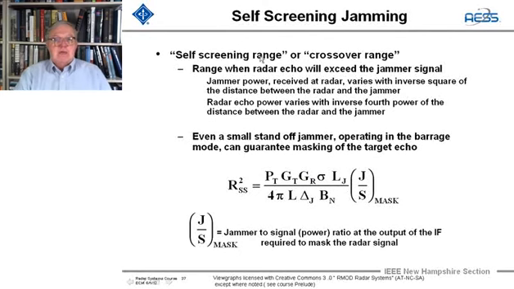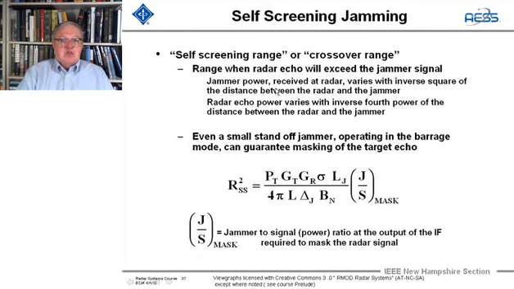Now here's the self-screening range or crossover range equation, and that's when a small standoff jammer operating in the barrage mode can guarantee masking of the target echo. If you get in the main lobe and you get right next to the guy and you follow him right in, this is that self-screening range, and the jammer to signal power ratio at the input of the IF that's required to mask the radar signal is that much.